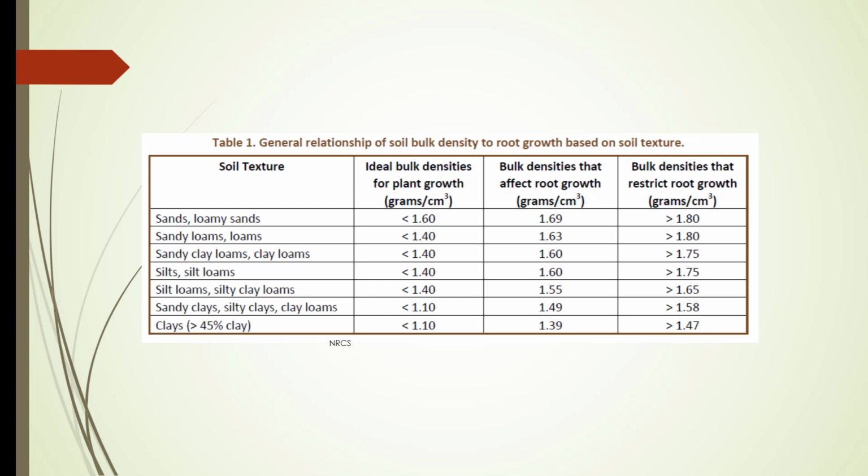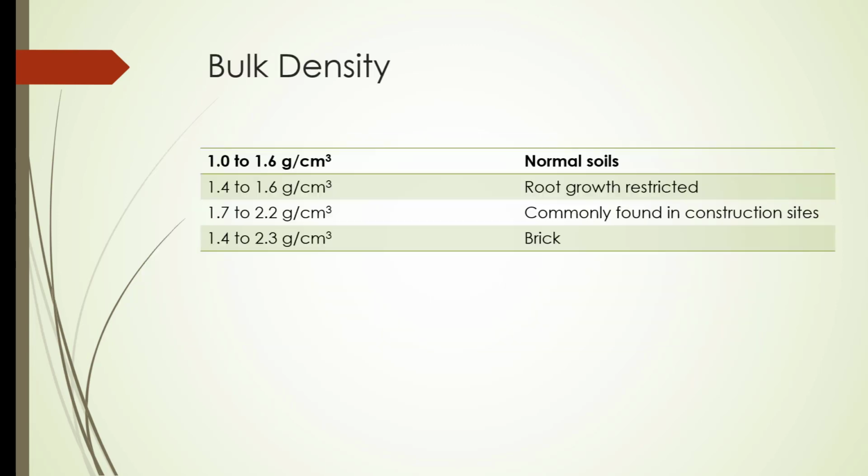Okay, and here's some different bulk densities for plant growth in sands, loamy sands. You want to have it less than 1.6. Once you get to 1.69, you're going to start affecting root growth, and bulk densities above 1.8 are going to be restricting root growth. So normal soils would be 1 to 1.6.